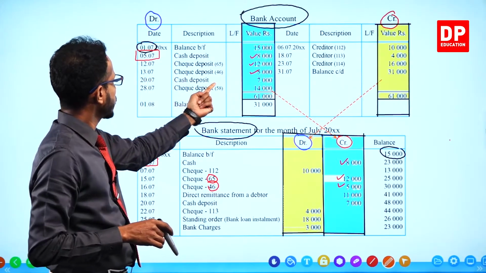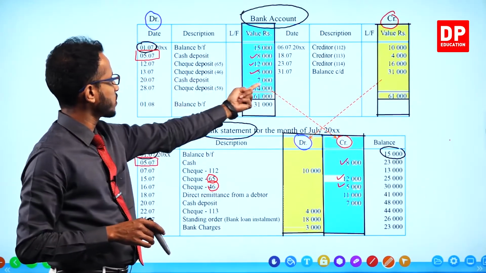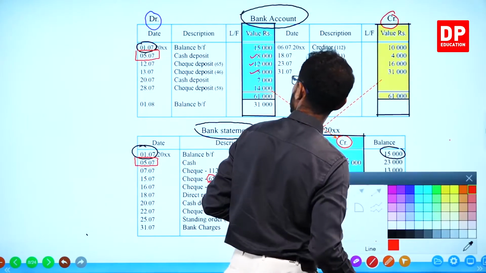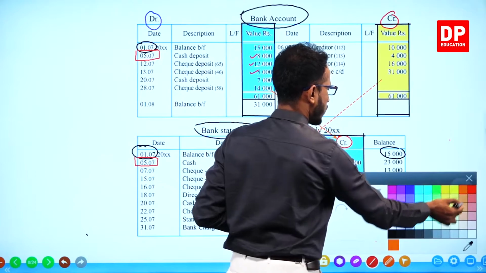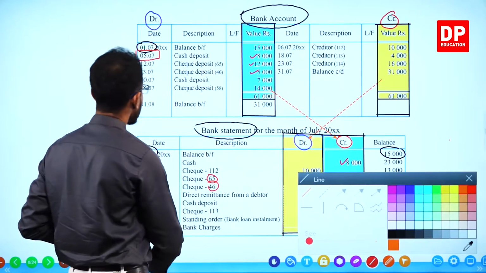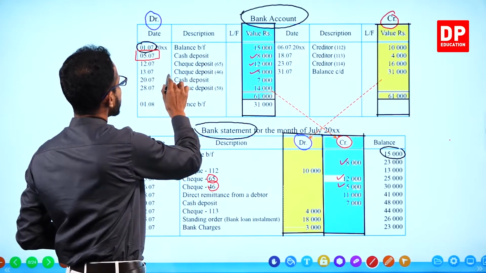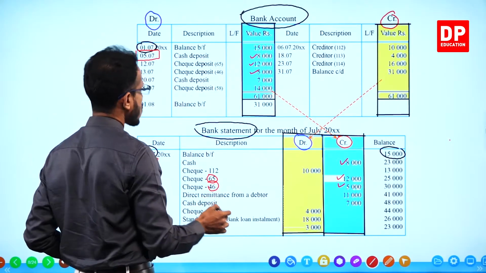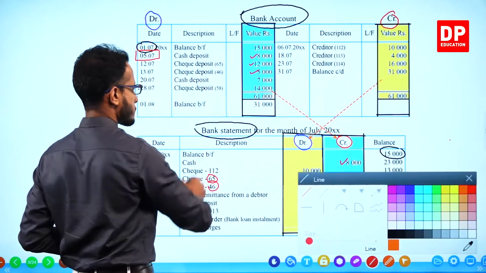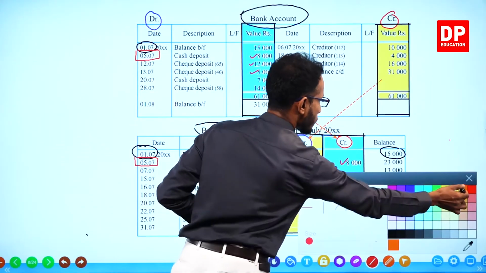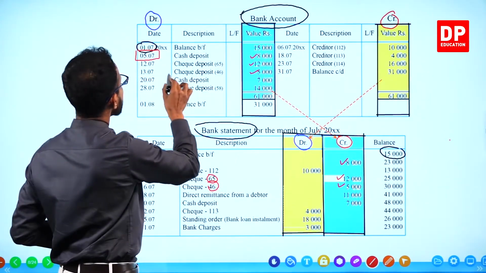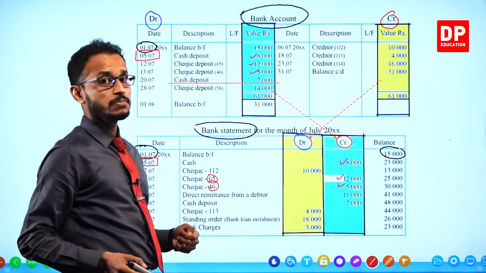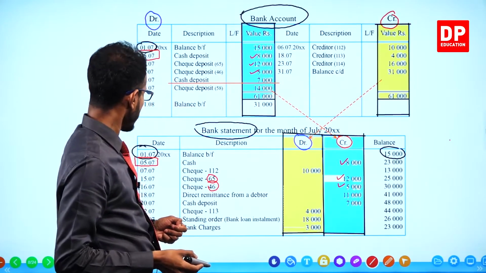Next, it's a cash deposit 7,000. Let's check whether we have that. Cash deposit 7,000. Is it there?